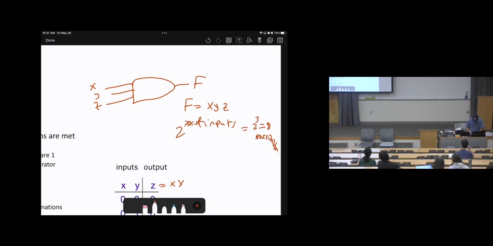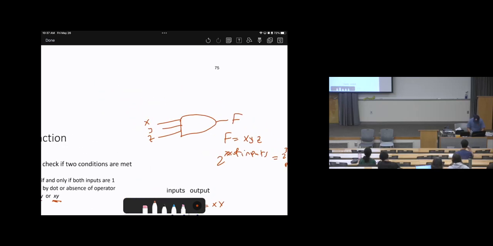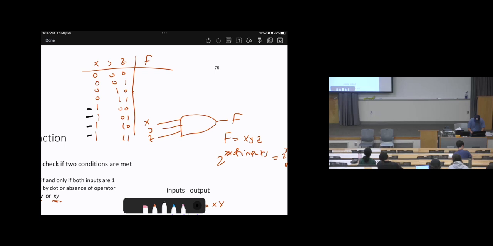How can we manipulate this into a truth table? Make columns x, y, z, and here is f. So 0 0 0, 0 0 1, 0 1 0, 0 1 1, 1 0 0, 1 0 1, 1 1 0, 1 1 1. Now let's count them. Are those 8? 1, 2, 3, 4, 5, 6, 7, 8.